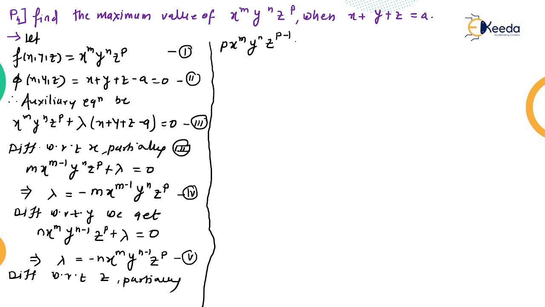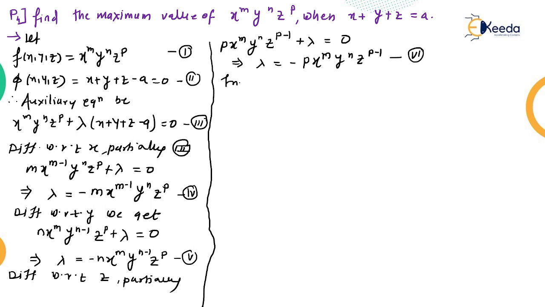Plus lambda, and that is equal to 0. Therefore lambda is equal to minus p x power m y power n and z power p minus 1. For reference we call this equation number 6.